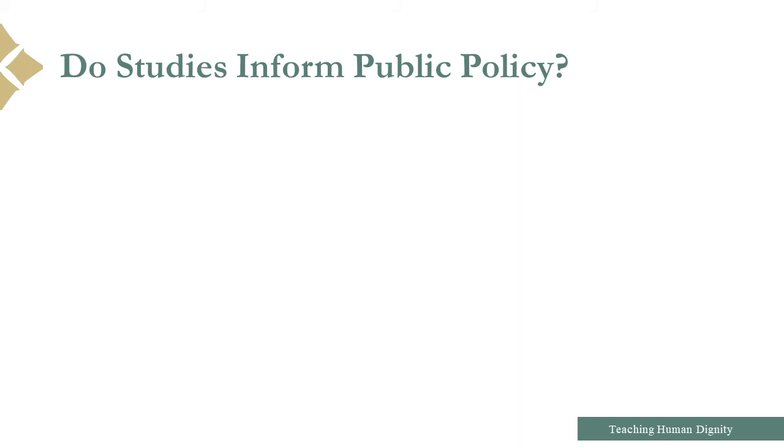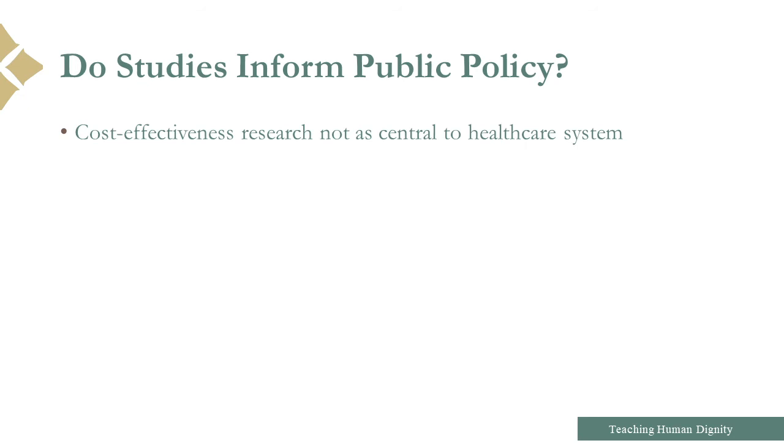It's hard to track some of the relationships between policy and practice, but I think the answer to both is going to be in the affirmative, that these studies do inform policy, and that these policies do inform the choices of parents. It's generally thought in the U.S. that cost-effectiveness research is not as central to our healthcare system because it's not a socialized system of medicine, as we see in other countries with national healthcare systems.